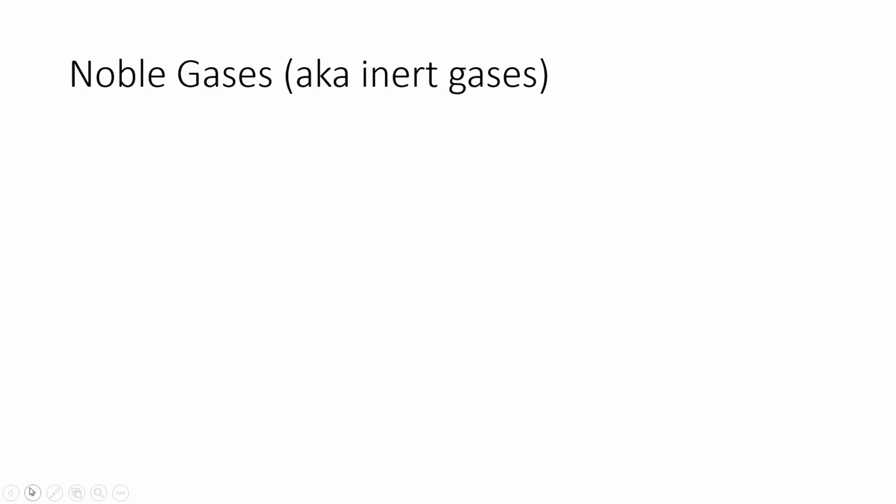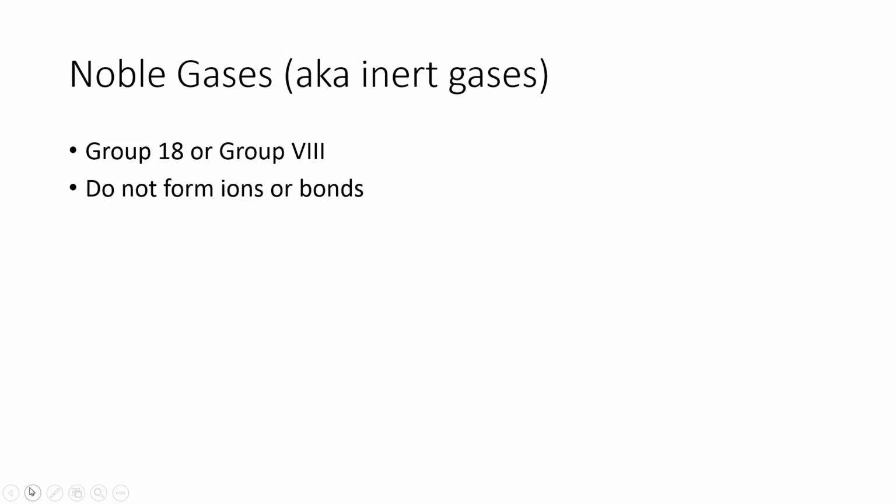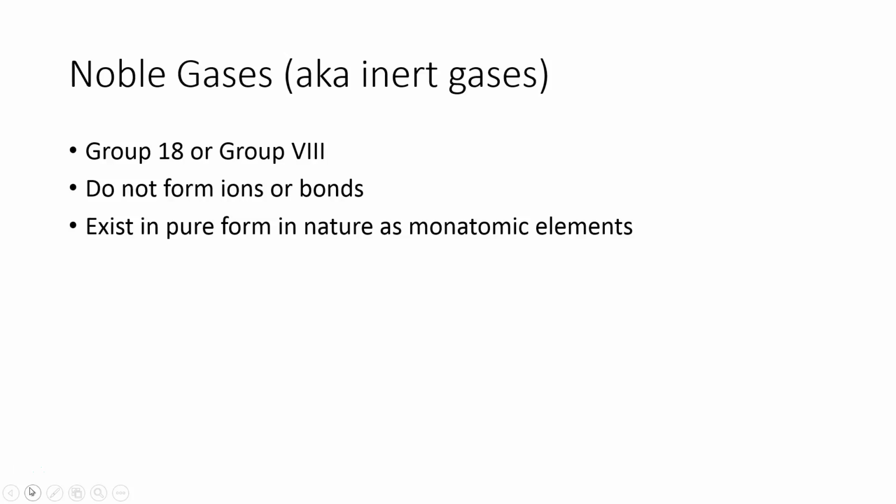Noble gases, also called the inert gases, and that's because we find them in group 18, and they therefore have full outer shells. That means that they won't like to form ions or bonds of any kind because they don't need to in order to fill up their outermost shell. That means that they're incredibly non-reactive, and they therefore will exist in pure form in nature as monatomic elements.